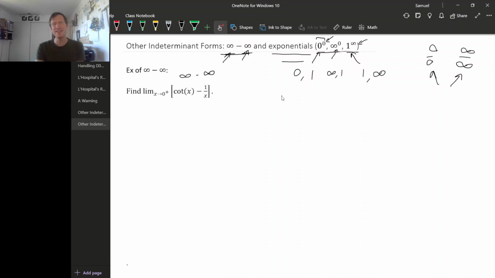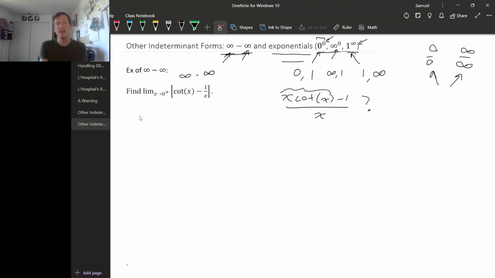But that doesn't really help because you end up with x cotangent x minus 1 over x. And then it's hard to know even if this is an indeterminate form because this x cotangent x is itself indeterminate. That's going to give you 0 times infinity.